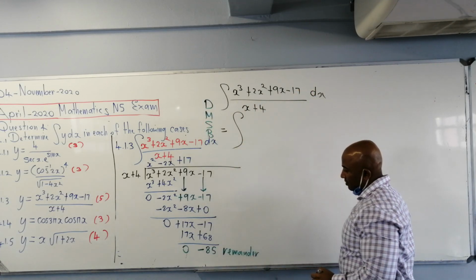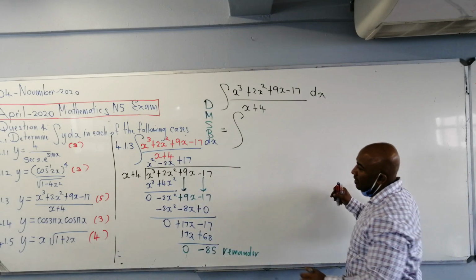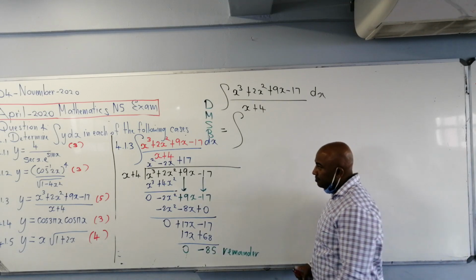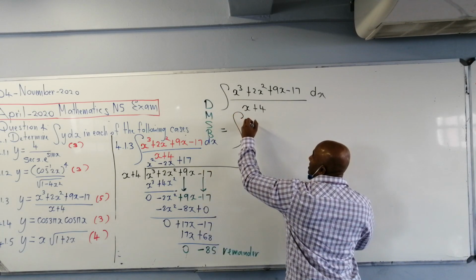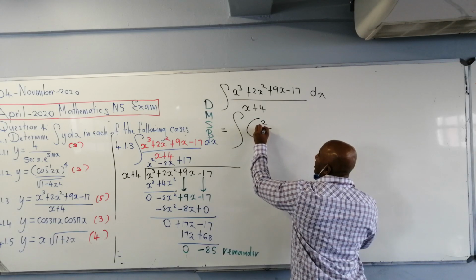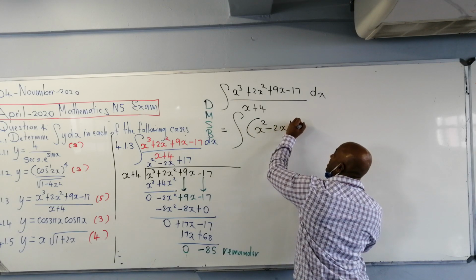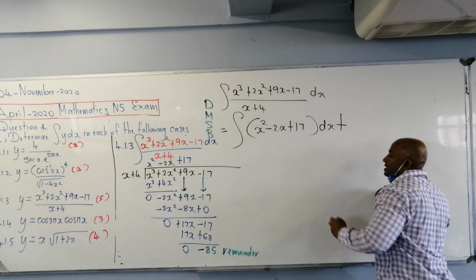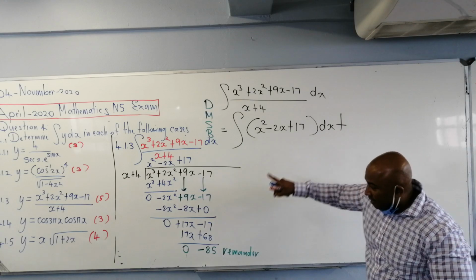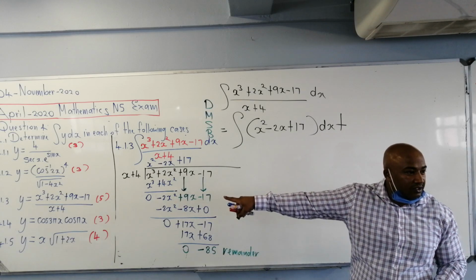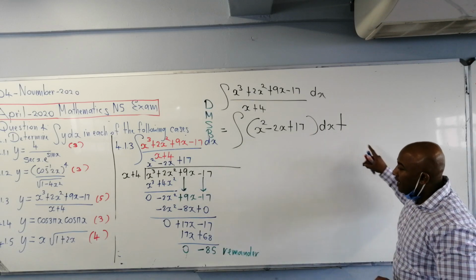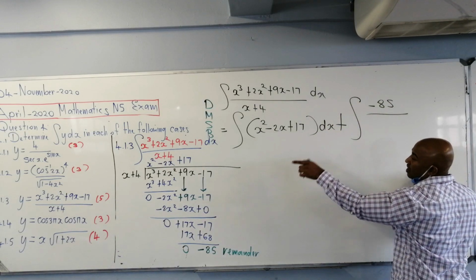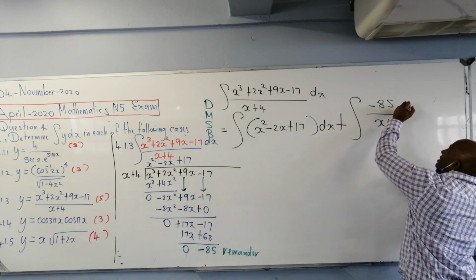And now it is equal to what we worked out here. This is the quotient. Okay. So therefore it's going to be x squared minus 2x plus 17 plus, you always add the remainder over the denominator. Always. Okay, so it's a quotient plus the remainder, which is minus 85, all over the denominator there, x plus 4.